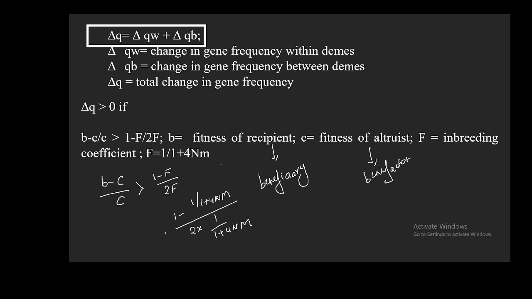So if you calculate this, you will get 1 plus 4Nm minus 1, divided by 2, and then 1 plus 4Nm.